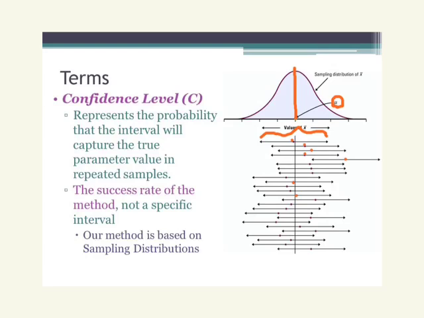Why is that? Because, again, of what we know about a sampling distribution. We can be confident that as we create these confidence intervals, a majority of the time, they're actually going to include the mean of the population. Not always. Again, we see that here. We have one confidence interval that doesn't include the true population mean. But again, it's a statistic. It's not going to be perfect.